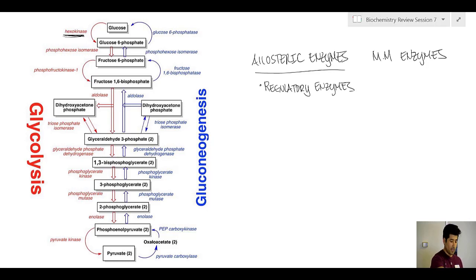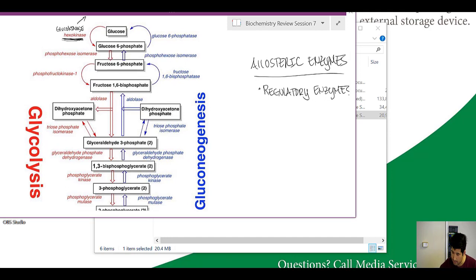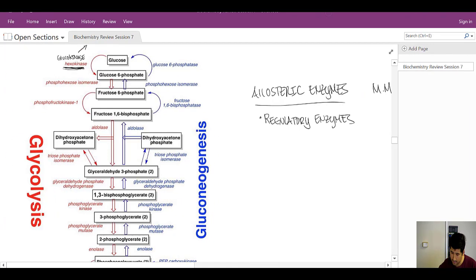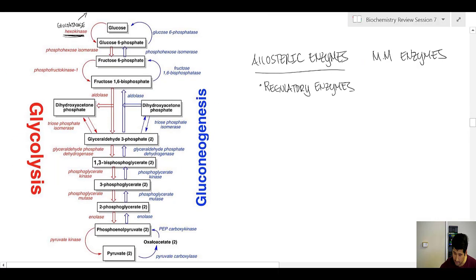The first regulatory enzyme in glycolysis is hexokinase, or glucokinase if you're talking about the liver. So glucokinase is in the liver, and hexokinase is in pretty much every other cell in your body.